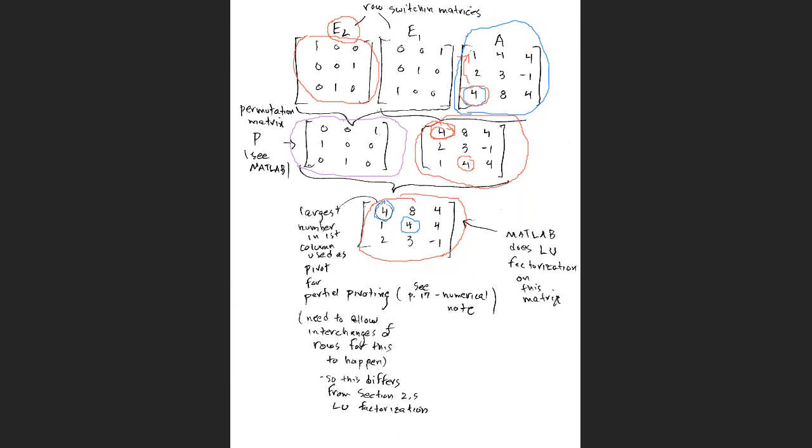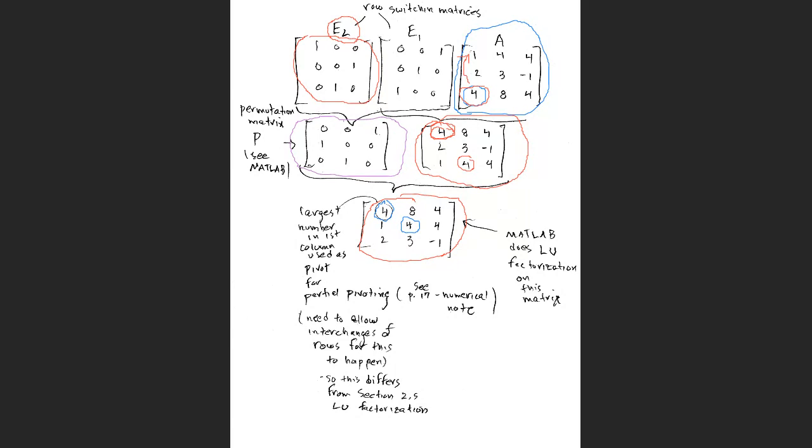That correct form makes sure that in the first column, the largest number is at the top, so it can be used as a pivot for the first column. And in the second column, the largest number is, in this case, in the second spot, so it can be used as a pivot for the 3 below it.